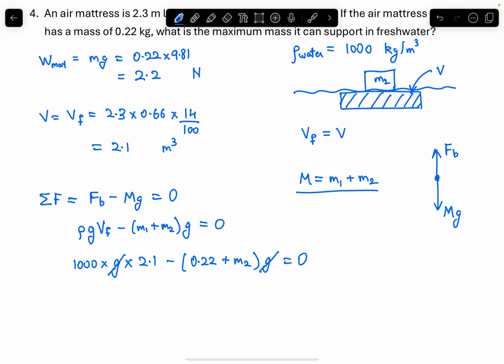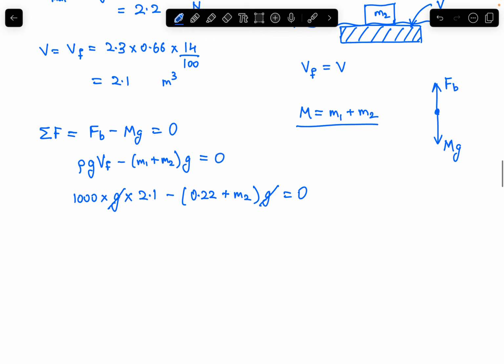Now g is common on both sides, so it gets cancelled. So what we are left with is 2100 minus 0.22 plus M2 is equal to 0.